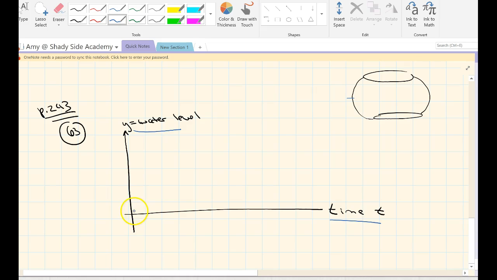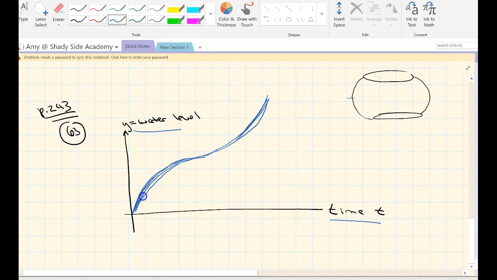So here's what I'd be comfortable accepting, something like this maybe. If this is the water level, if you look at the slope of the line tangent, the water level is increasing decreasingly right here.